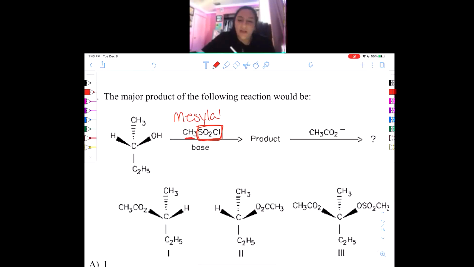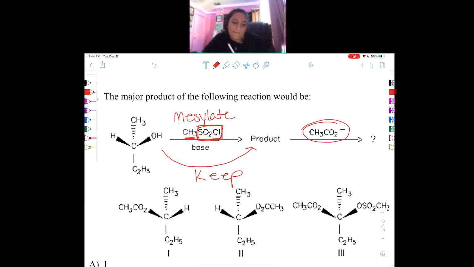And we knew this is mesylate, not tosylate, because methyl. That's how I like to think about it. And so in this first step, when we use mesylate, do we keep stereochemistry or do we flip stereochemistry? Going to keep it.